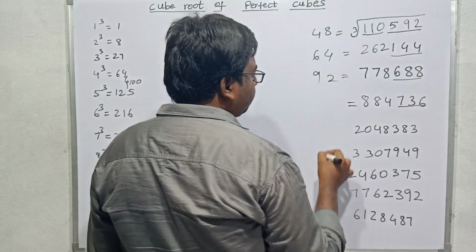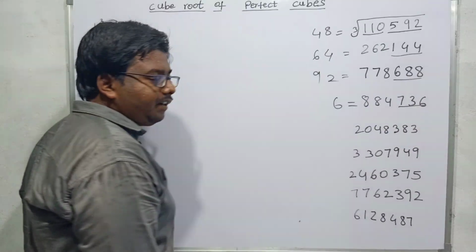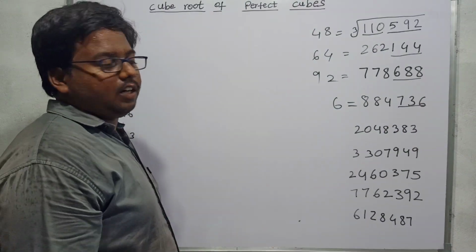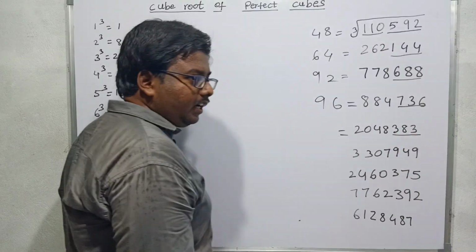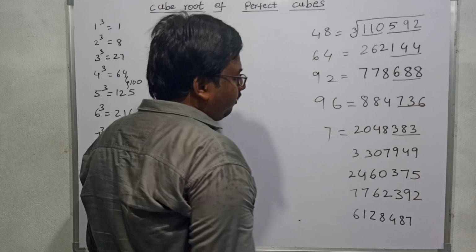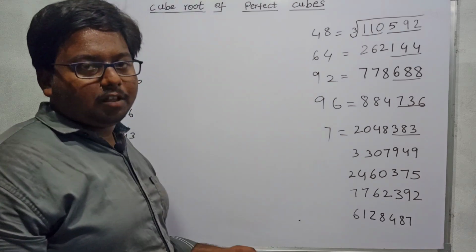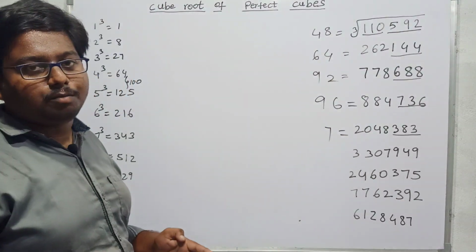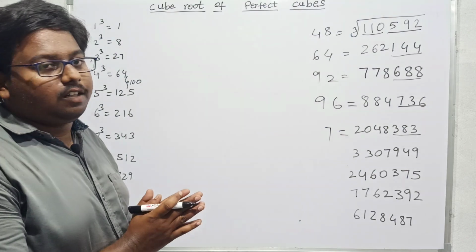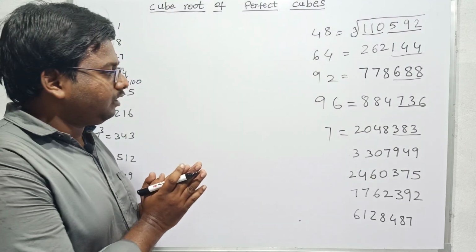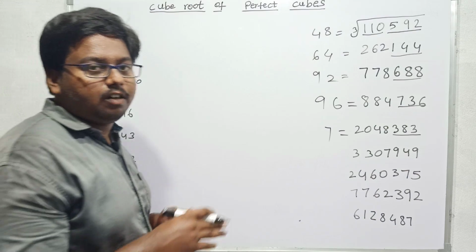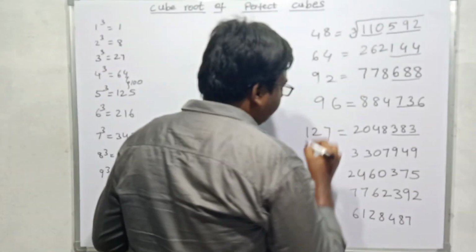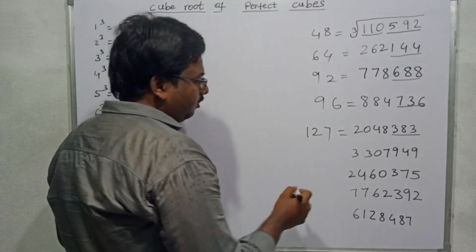So 9 here, and we get 9 in the tens place. Next, 2048: you have to learn the cubes up to 20. 12 cube is 1728 and 13 cube is 2197, so this is less than 13 cube. That means it should be 12.